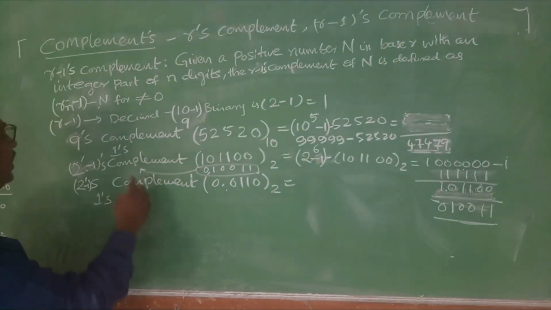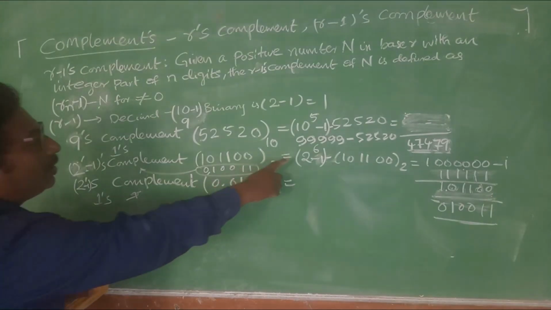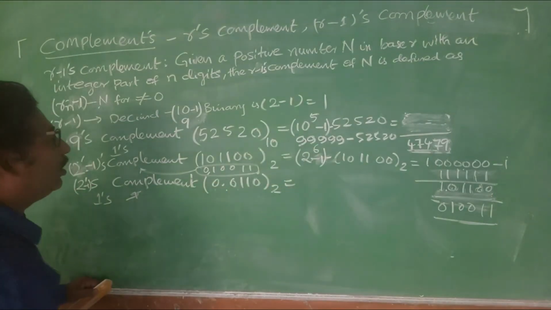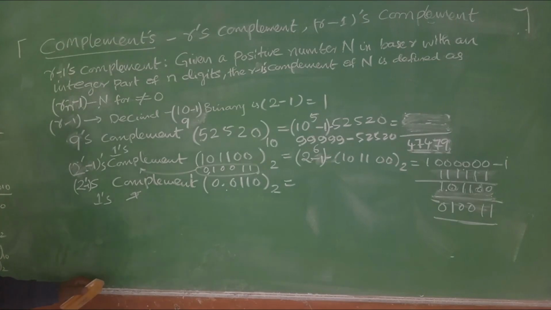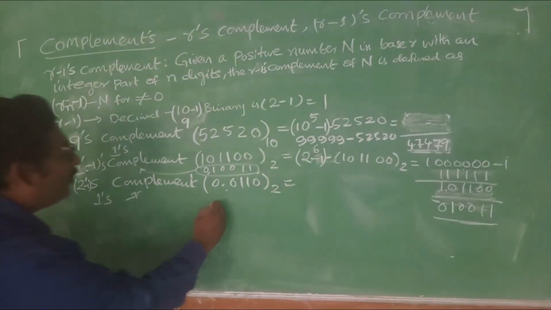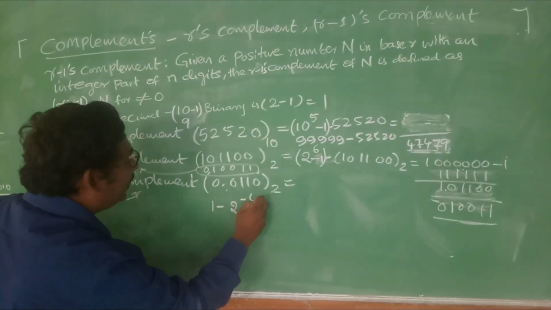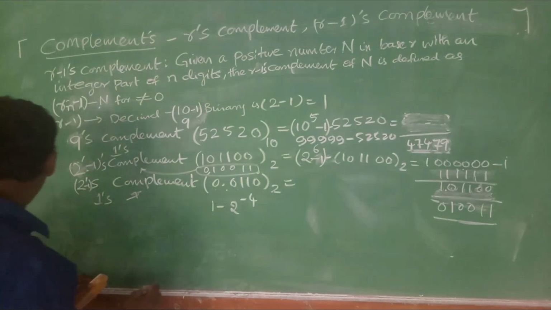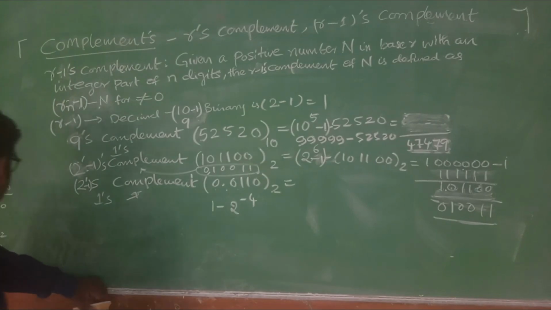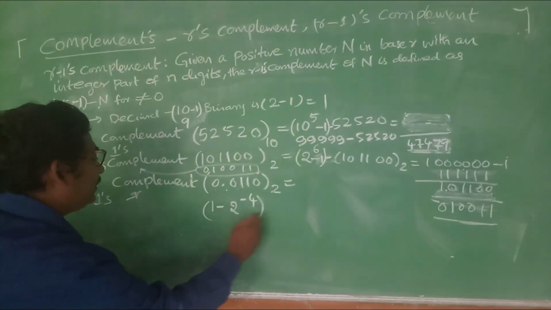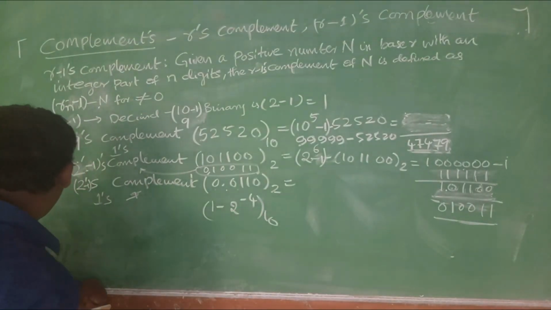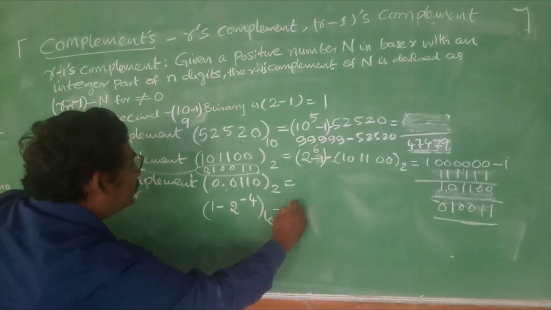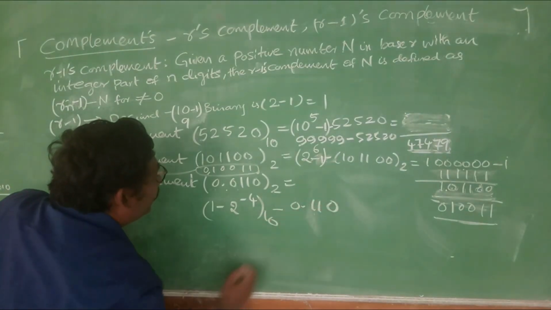Previously for the R's complement we did 2 to the power of 4 minus N. In the same way here, 1 minus 2 to the power of minus 4, minus 0.0110.